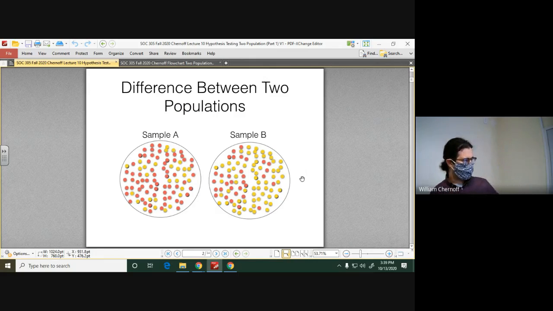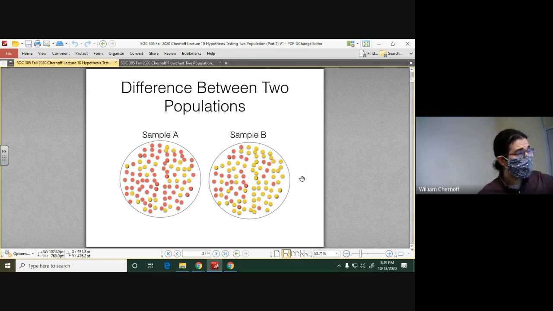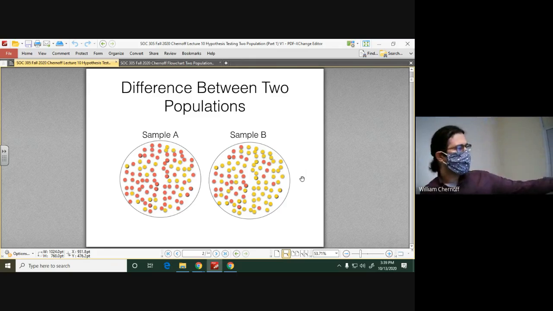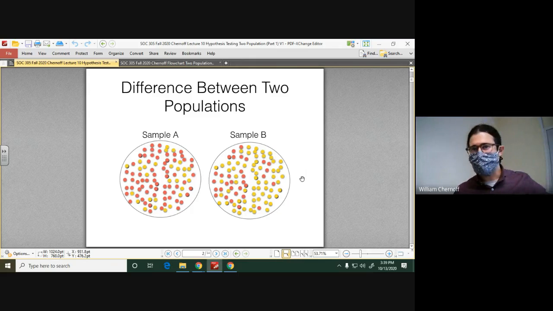So here's a thought experiment of sorts. Here we have two populations, population A and population B. Let's say we go out to population A and take a random sample. We get this stuff. And then we go out to population B, we take another random sample, and we get that stuff. Looking at these two circles, these two samples, we can look at the color of the dots within them.